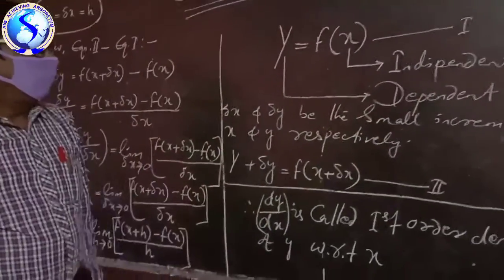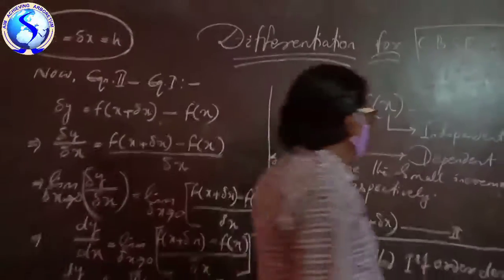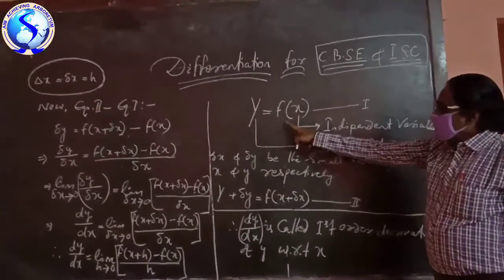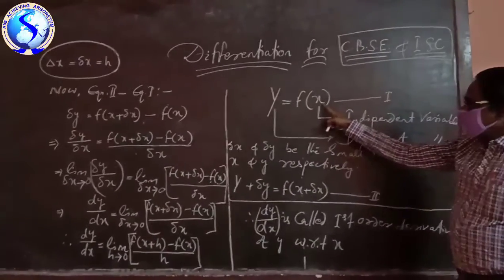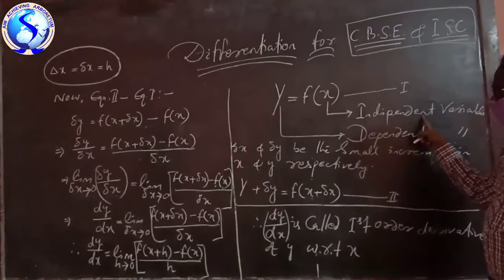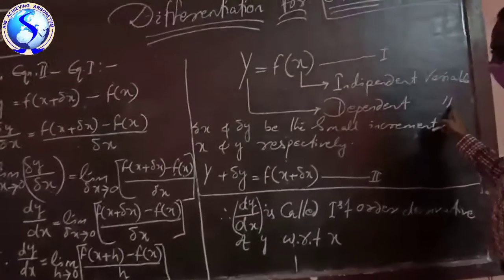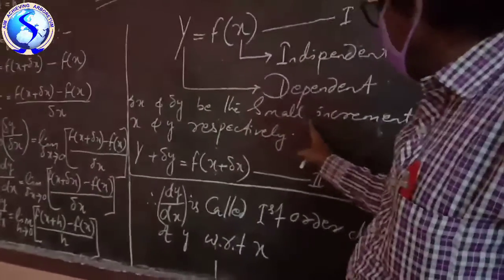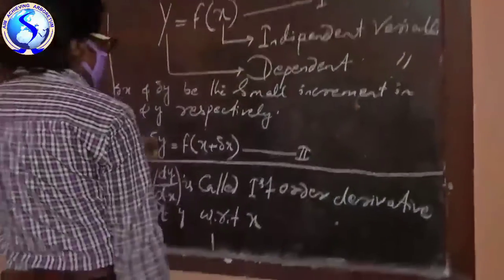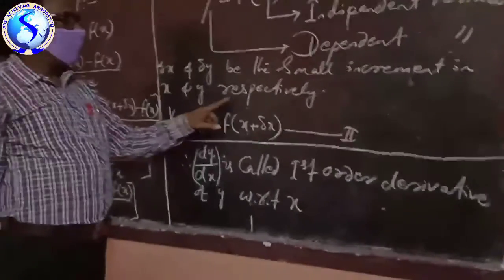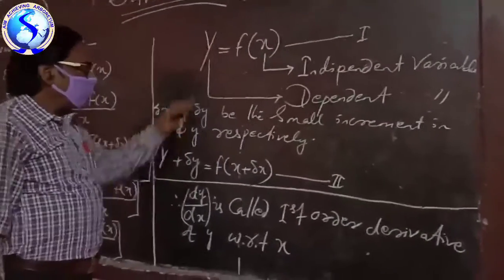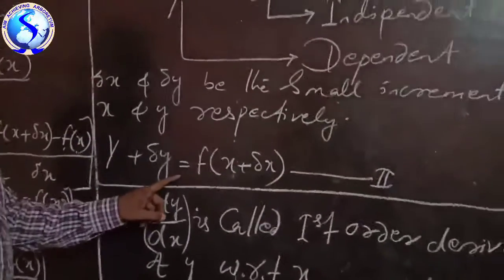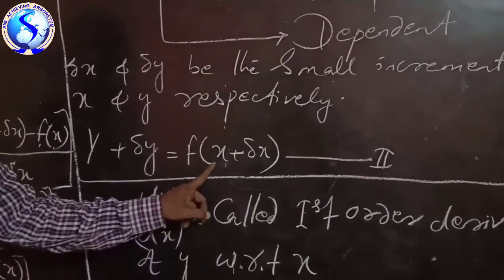Are you clear? Let us revise from the beginning. I have taken y is a function of x. Y depends on x. X is the independent variable, y is the dependent variable. We are taking delta x and delta y as small increments in x and y respectively. Therefore, this function is converted to y plus delta y is equal to f of x plus delta x.